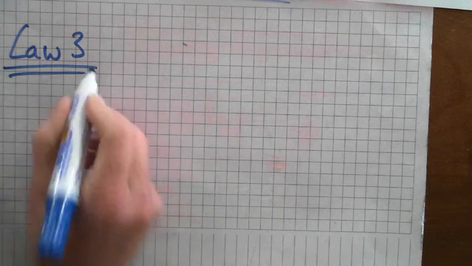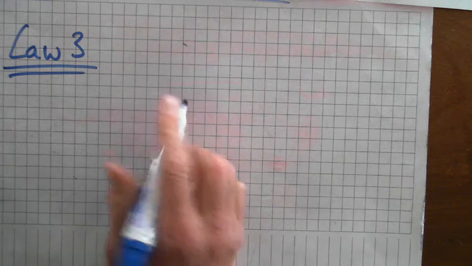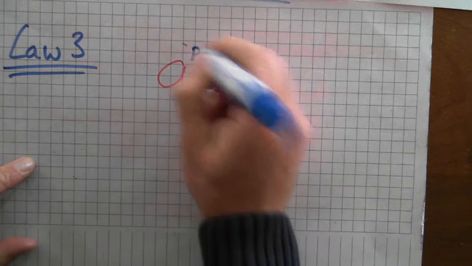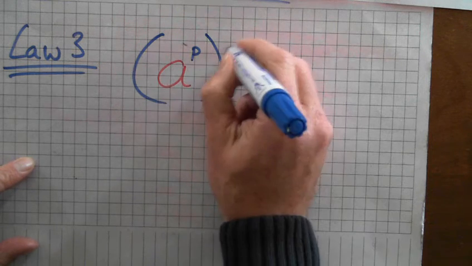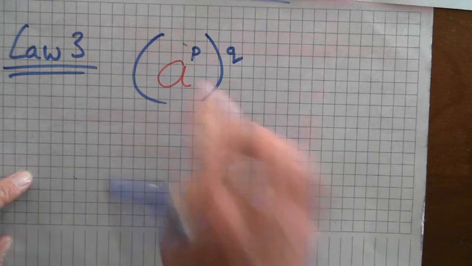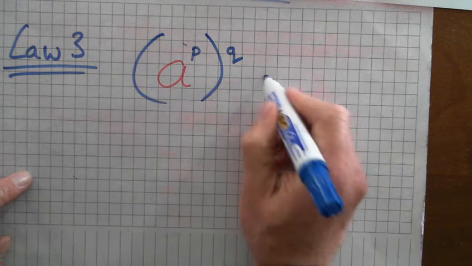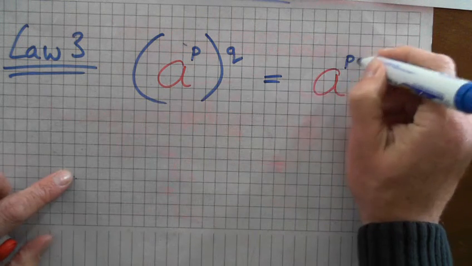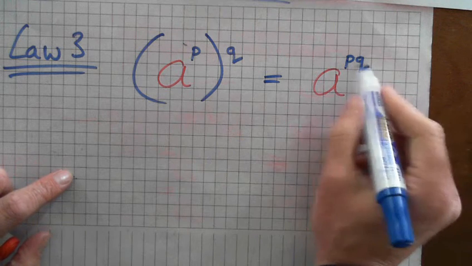Right, the next one. Law number 3. This includes brackets. In this case, p is multiplied by q. So you get a to the power of pq, they're multiplied by each other.